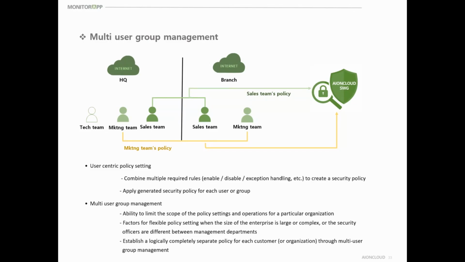So in the diagram, I made some headquarters internet and branch internet, meaning that the headquarters sales team and branch sales team can use the same policies by the SWG, and also the headquarters marketing team and branches marketing team can be grouped as the same policies, because the sales team and marketing team's goals and working type are totally different.